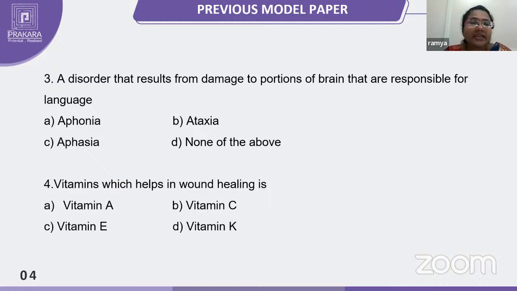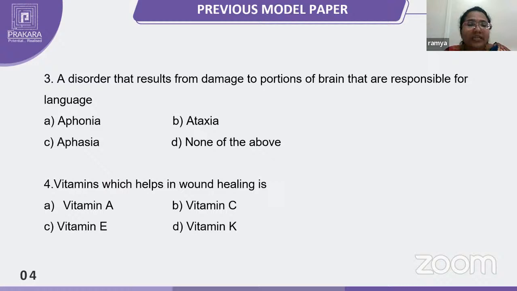Coming to the third one, a disorder that results from the damage of the portion of the brain that is responsible for language, that is aphasia. So the answer is aphasia. You will write the answer as C. Coming to the fourth question, vitamins which help in wound healing.